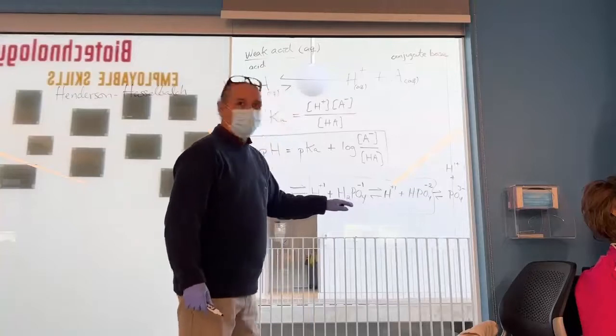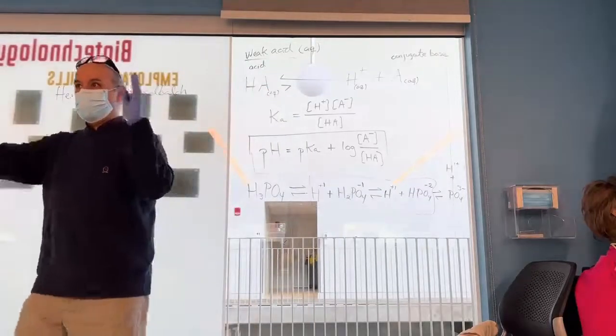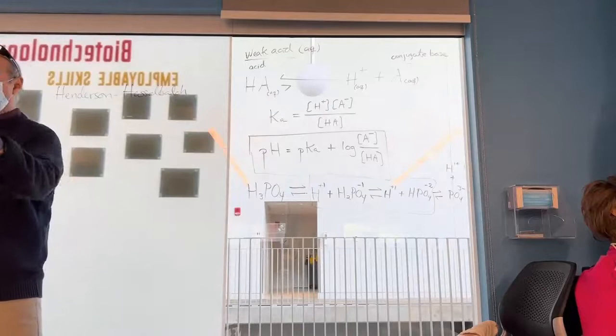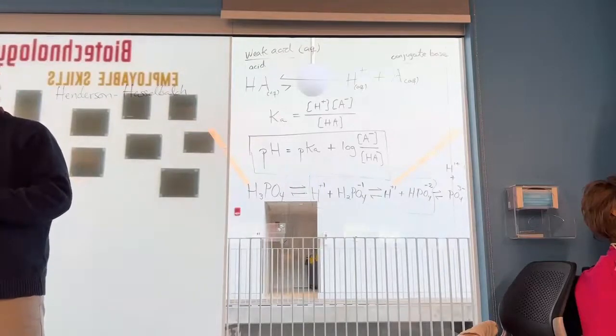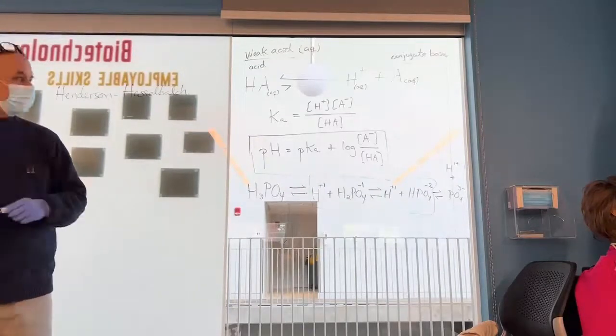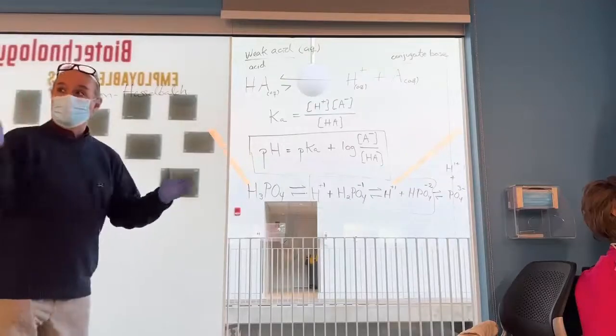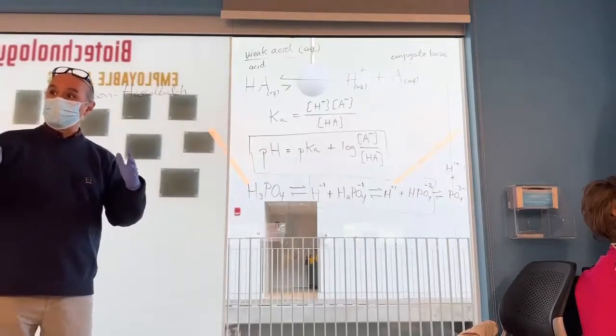Whichever has fewer protons of a couple of substances is going to be the conjugate base, not in relationship to others.